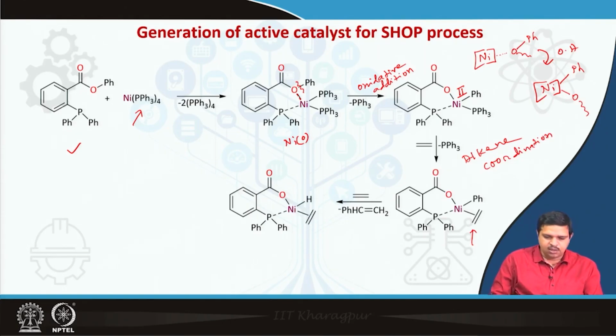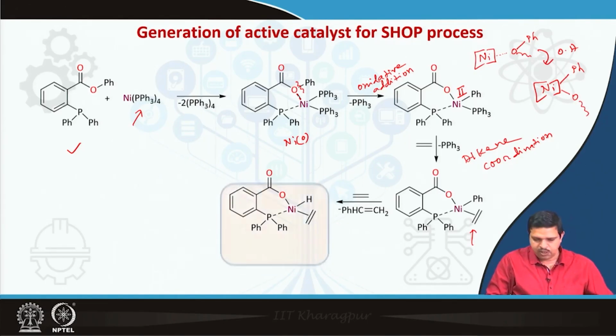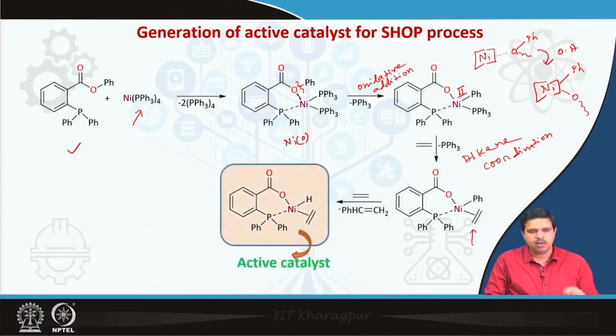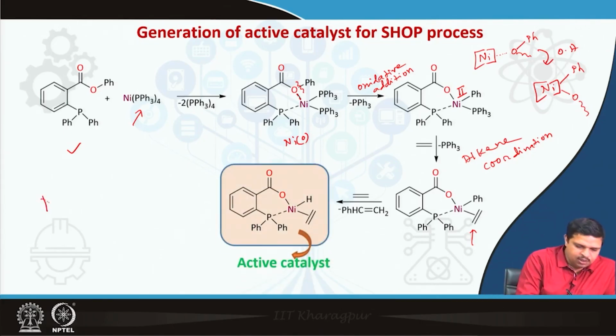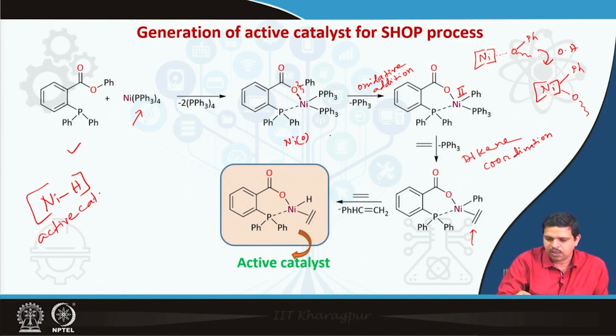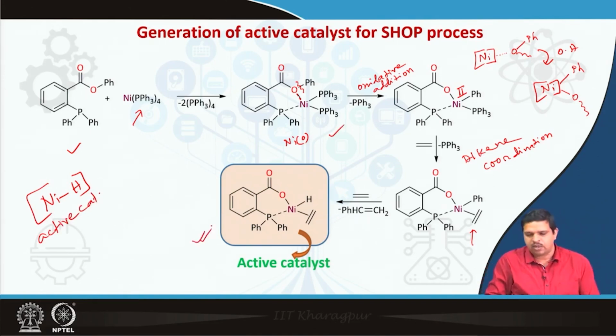Now the last step is very important, because you are actually making the active catalyst here, because as I told you, the nickel hydrogen species is the active catalyst. So this one you can call a pre-catalyst, but this one is the actual catalyst.